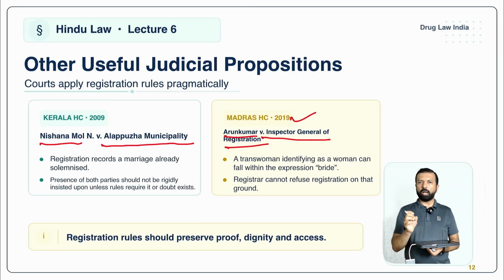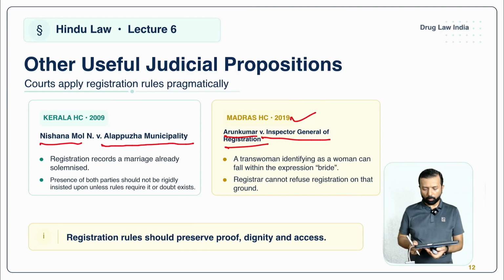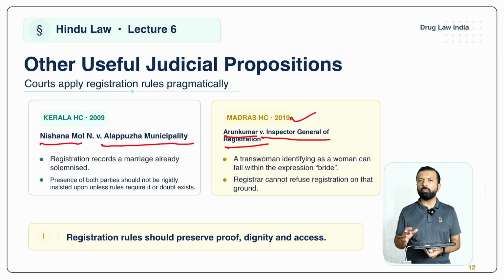It held that a trans woman's identity as a woman can fall within the expression bride and the registrar cannot refuse registration on that ground. This judgment reflects constitutional values of dignity, autonomy and self-identification. So the broader point here is that courts apply registration rules pragmatically while preserving proof, dignity and access.